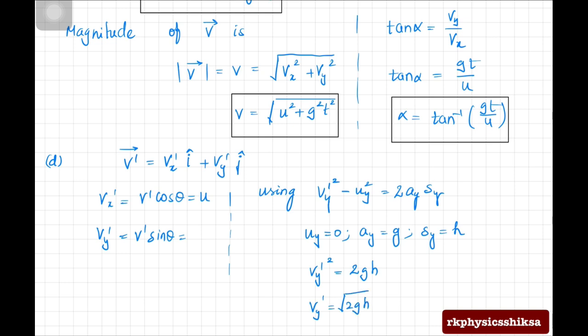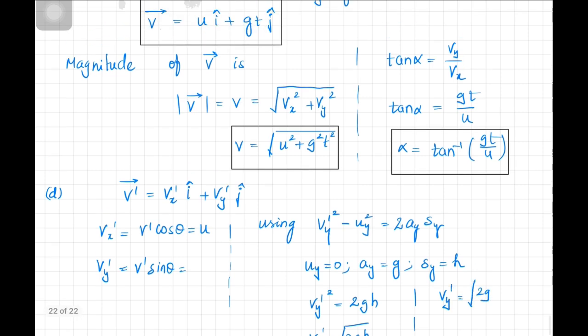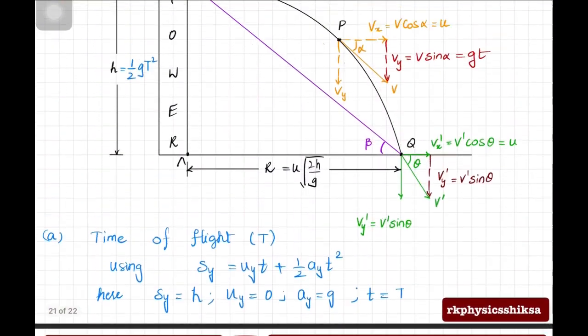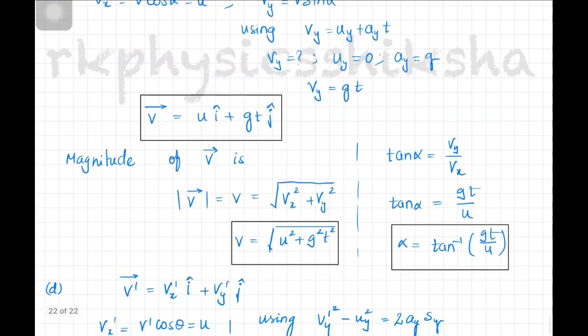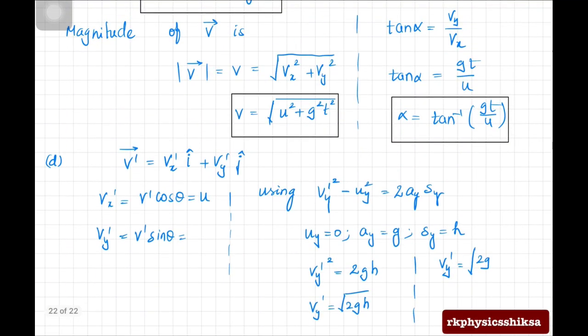Even this value can be written in terms of time. Vy dash is equal to root of 2g into h, and we already calculated h as half g capital T square. So we can write it as 2g into half g capital T square, from which I can cancel 2 and 2, and it will become g square T square.